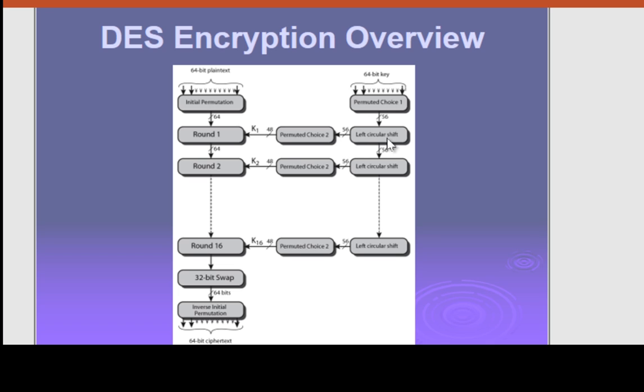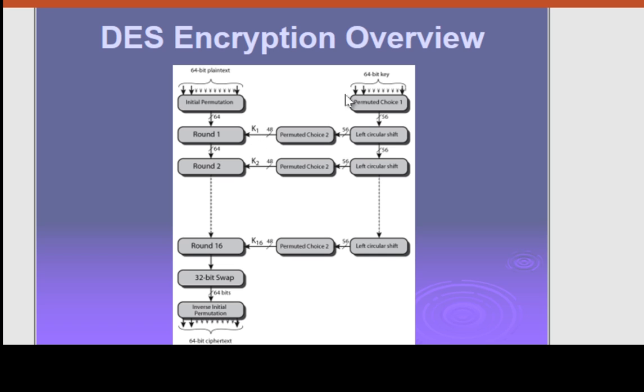After the left circular shift, the 56-bit output is given to permutation choice 2 once again, and the output becomes 48 bits. This 56-bit input becomes a 48-bit key. This is the round key or the sub key.